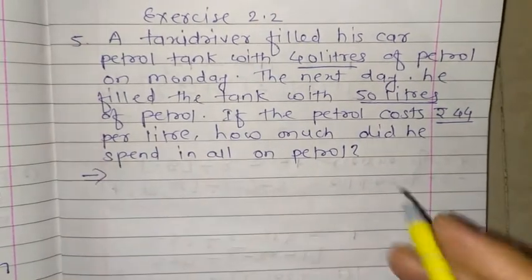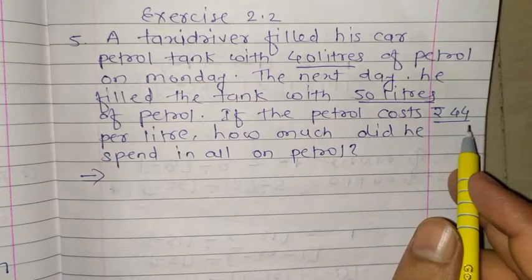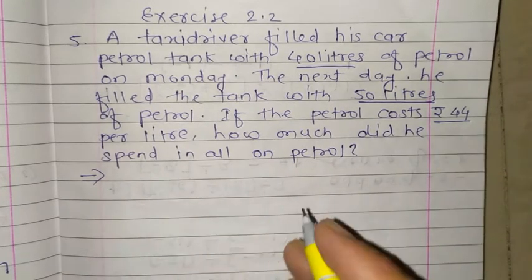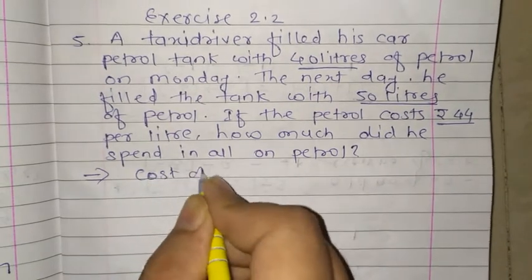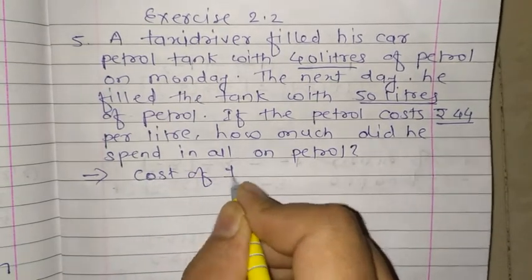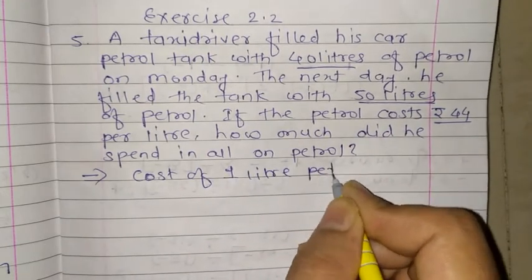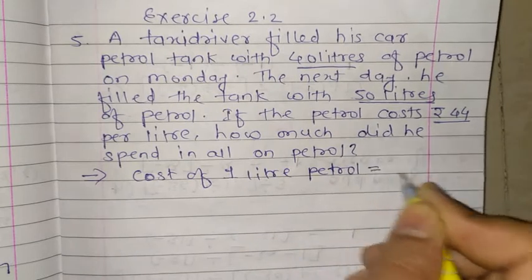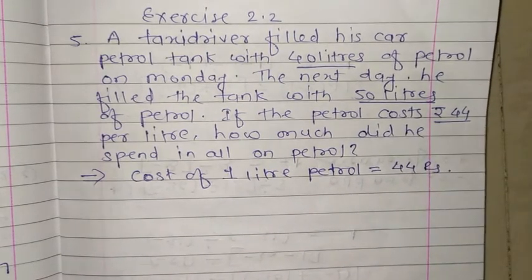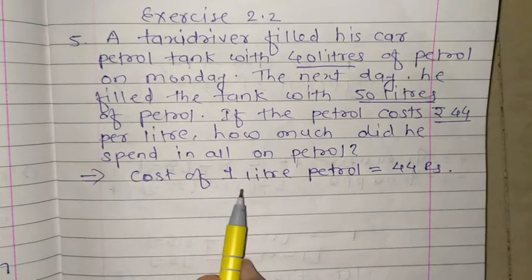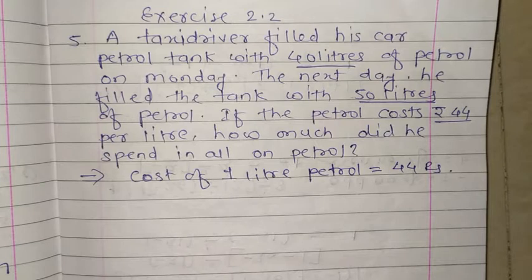In this question the important information is the petrol cost, that is 44 rupees per liter. So you can write here: cost of 1 liter petrol is 44 rupees, that we note down.